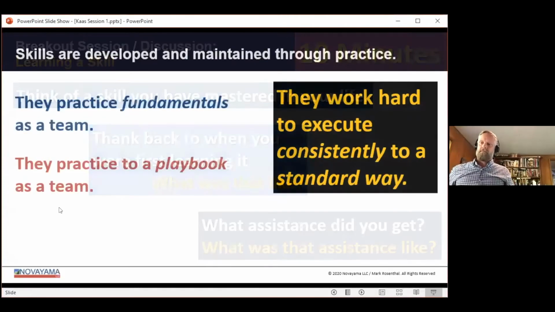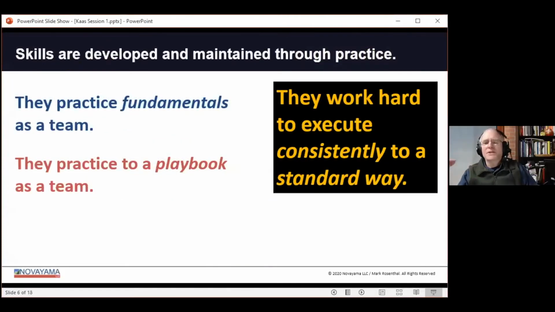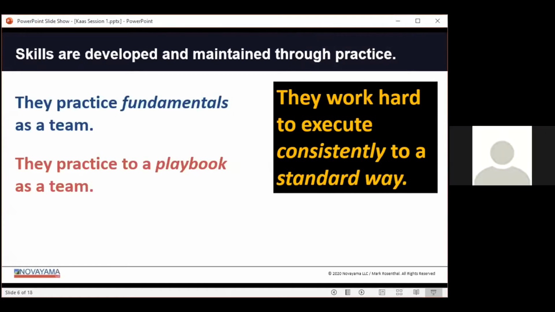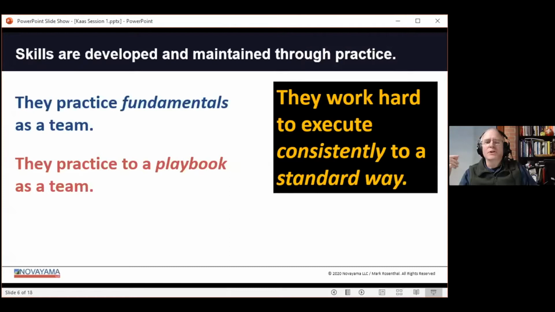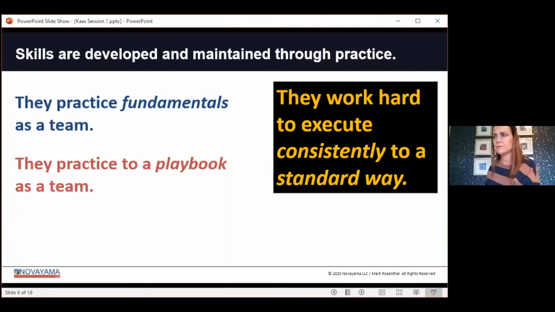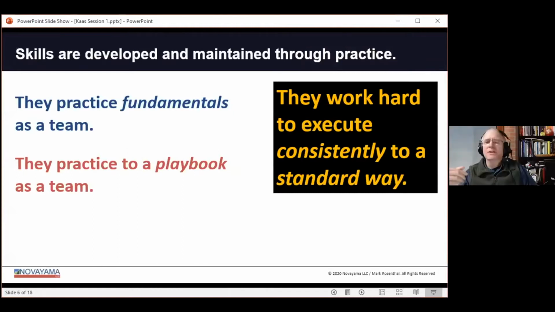There we go. So this is what good sports teams do, and this came up a couple of times, is that they practice the fundamentals. They practice to a consistent playbook, and they work hard to execute consistently.